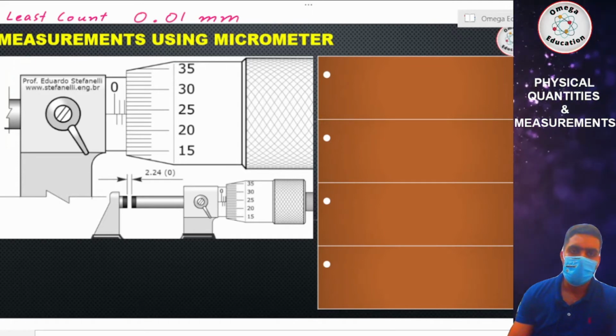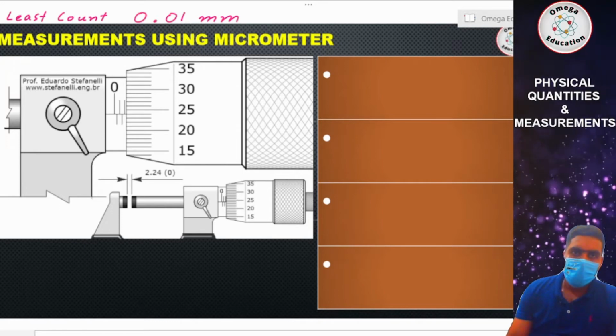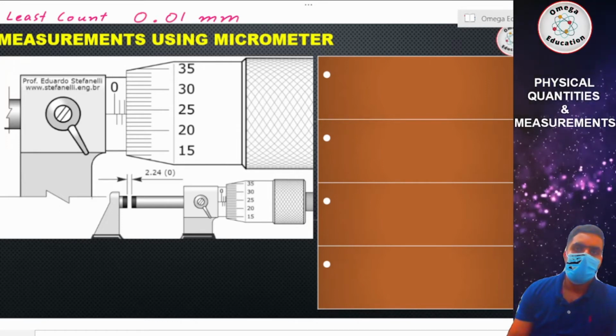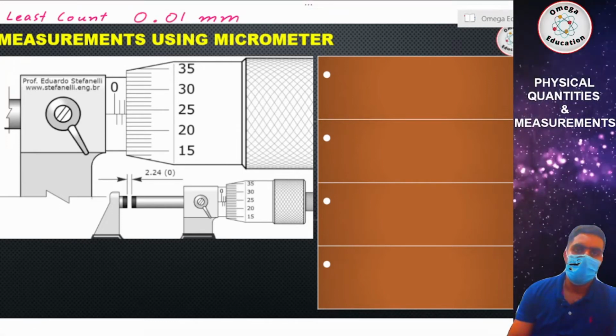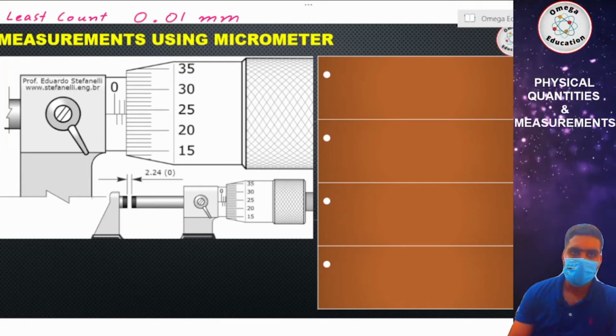So it can accurately measure up till 100th part of a millimeter, not lower than that. Any reading that would fall below 100th part of the millimeter cannot be accurately measured.